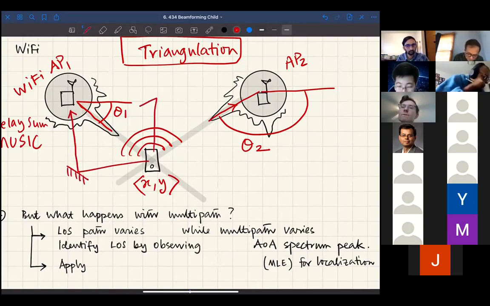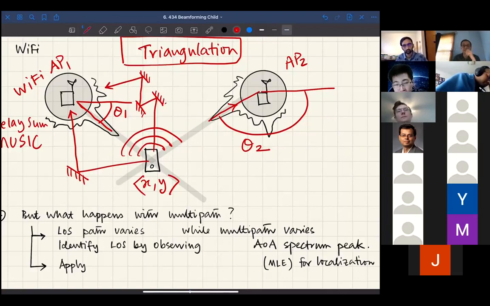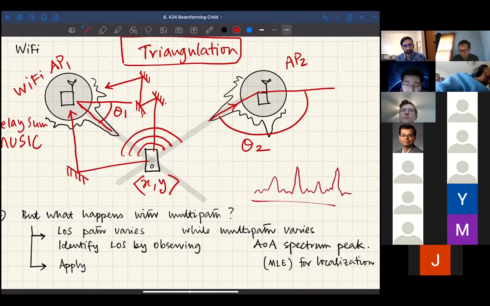This signal is going to reflect in other places and come in like that. There's a reflector here and so on. So your AOA spectrum will have multiple spikes. Right? Your AOA spectrum will now look like that. These are all the multipath. From this, how will you say which one is the line of sight path, which one is the multipath?